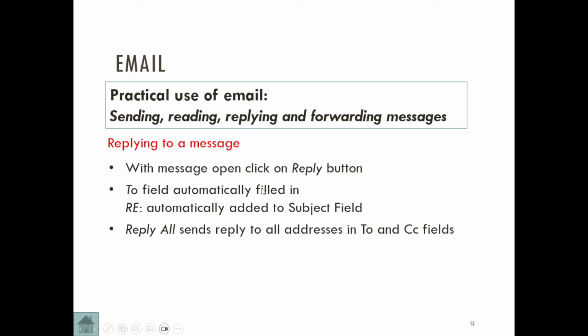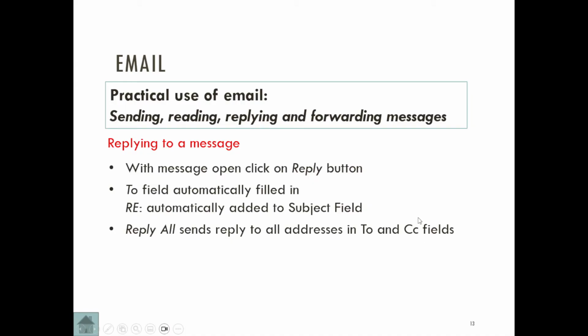Here's the difference now, reply and reply all. So if I receive an email that has been sent to 5,000 people and I click reply, it's only going to reply to the original person, the one who sent it. However, if I click reply all, it will send a reply to all the addresses in the To and in the CC field.